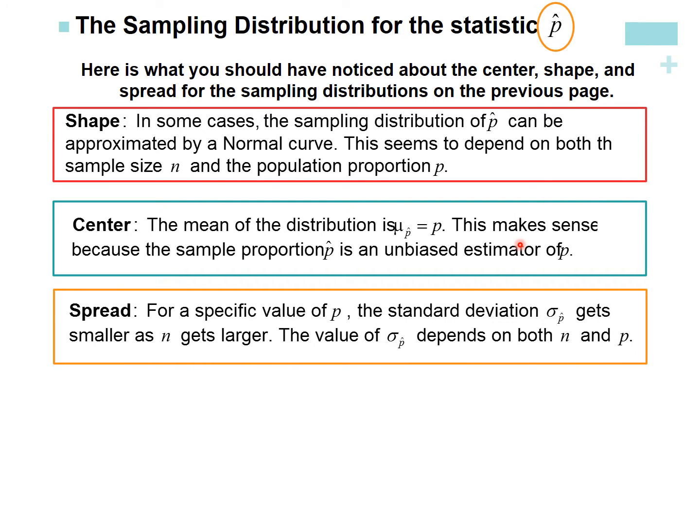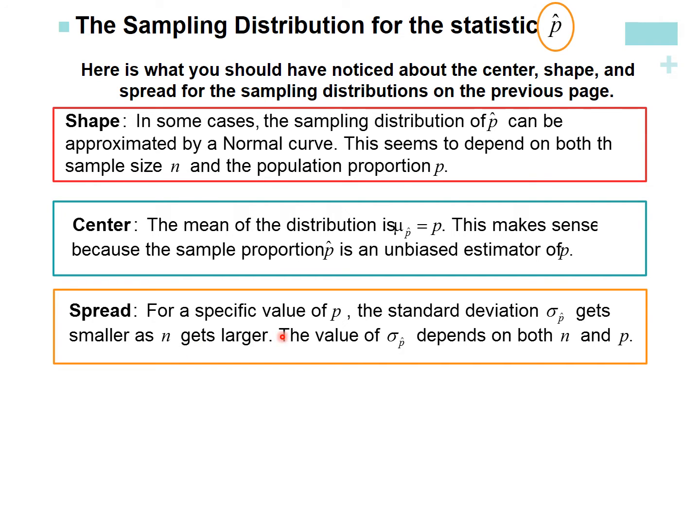Okay, and then what about the spread? For a specific value of p, the standard deviation, sigma of p-hat, which is the standard deviation of your sampling distribution, gets smaller as n gets larger. If you notice, when we looked at the proportion of orange candies in samples of 25 versus samples of 50, the standard deviation got smaller.